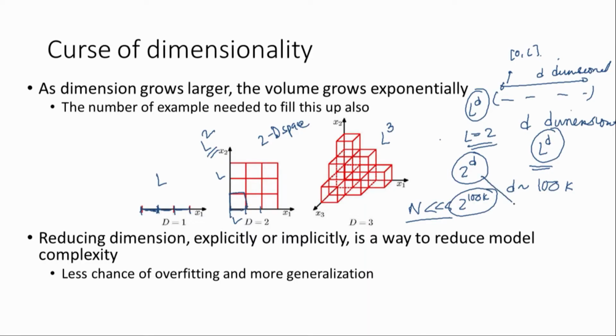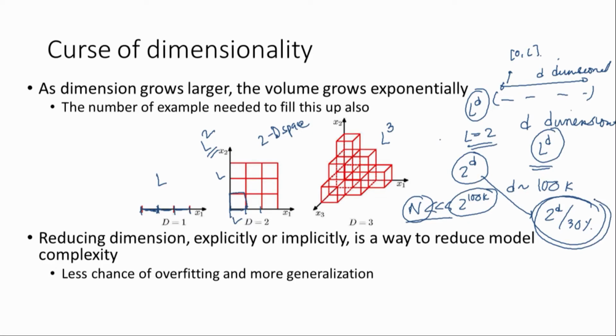Even if two features have a 30% chance of appearing together in the same document, you would need about 2 to the d divided by 30% samples to see these two features appear together, but the number of samples you have is much less. Basically, the number of samples is much less compared to the universe.